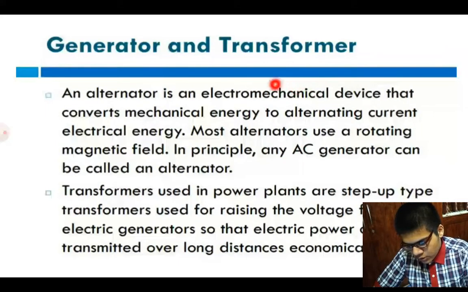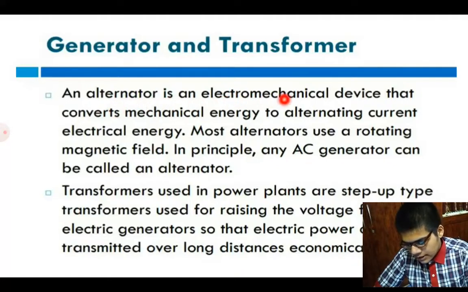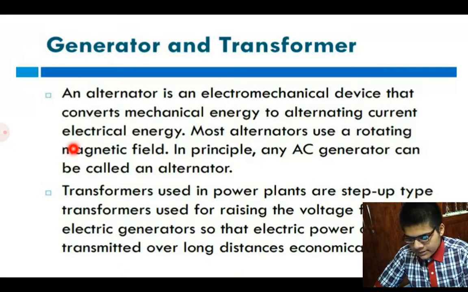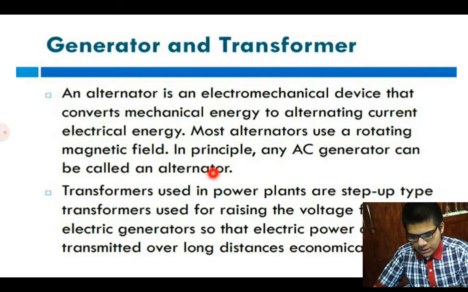Generator, transformer and alternator. I have already told you a generator is also known as an alternator. An alternator is an electromechanical device that converts mechanical energy to alternating current electrical energy. Most alternators use a rotating magnetic field.